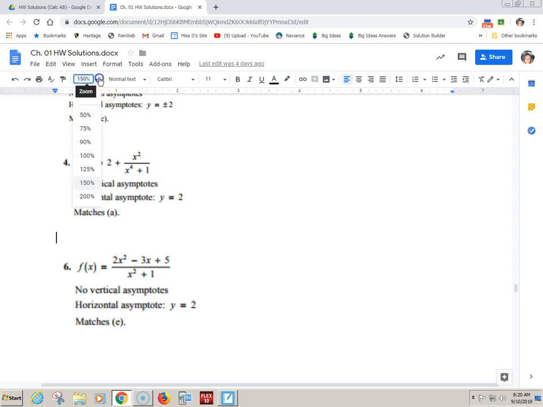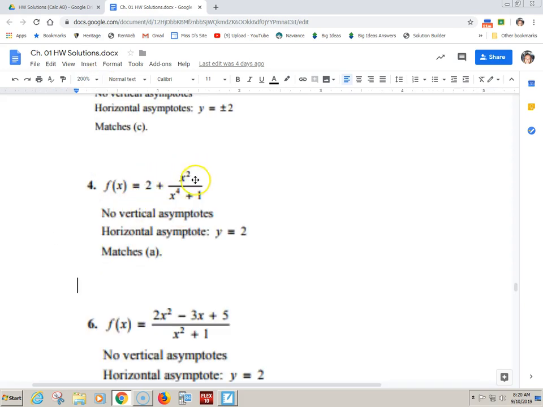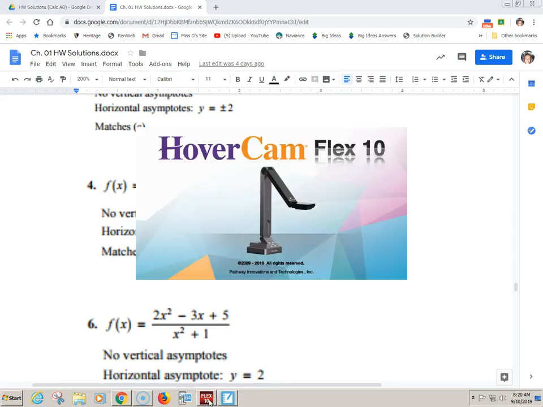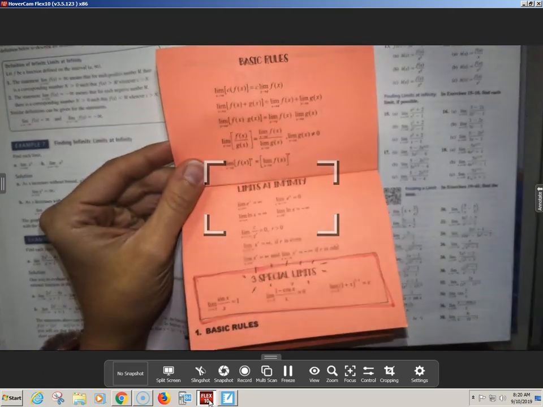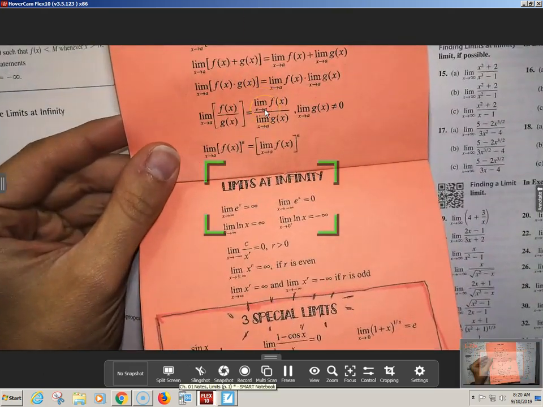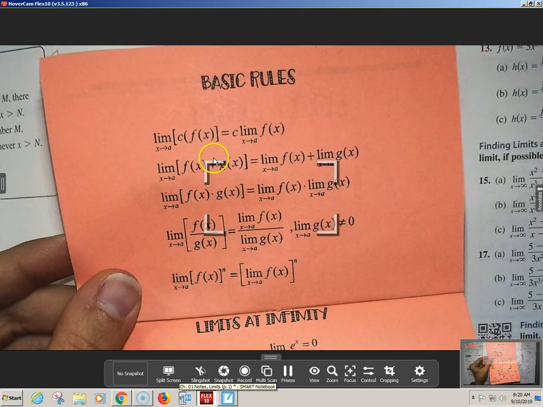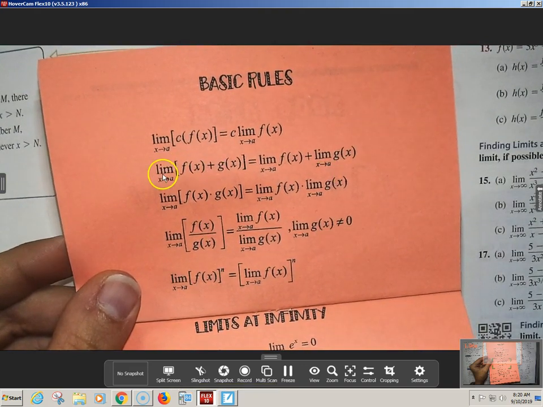Did you guys see anything in homework like this number 4 where they split up functions and made it all weird? Yes. What could you have done to consider it all at once instead of 2 separate pieces? For something like number 4, because I had some people asking me questions on it yesterday in calculus, in the basic rules, aren't we allowed to split up additions and take them piece by piece?